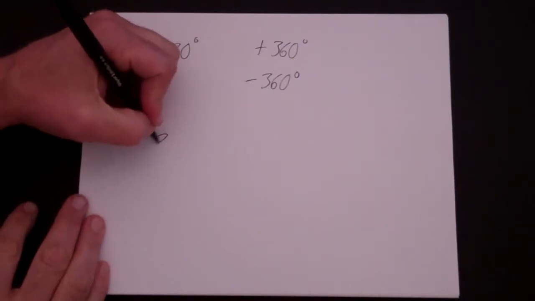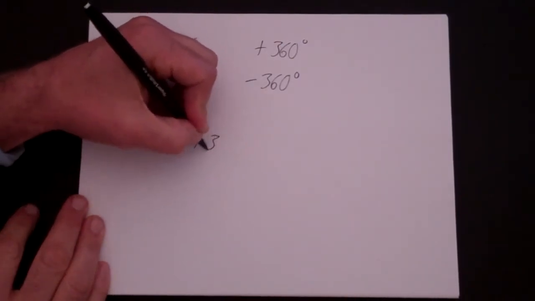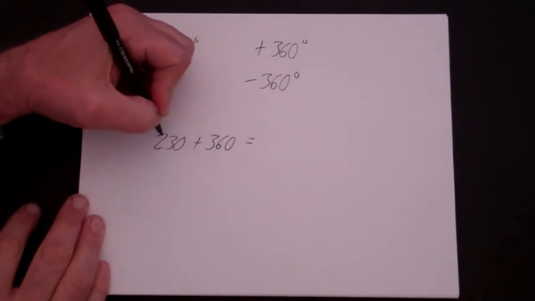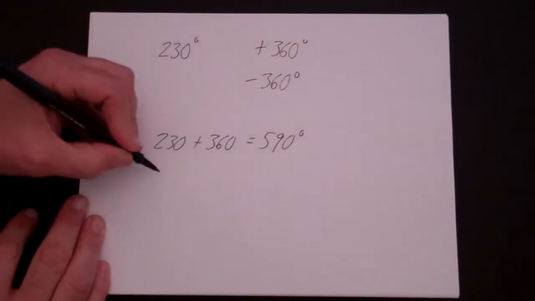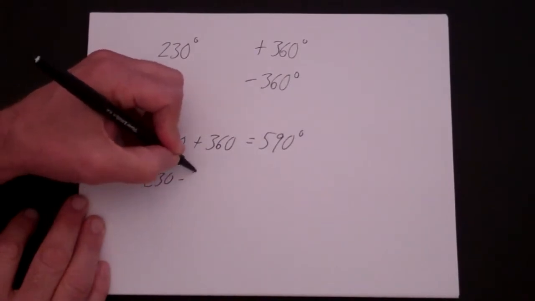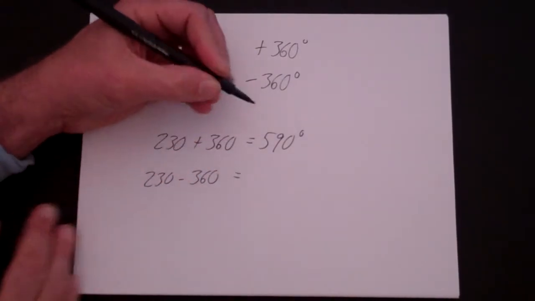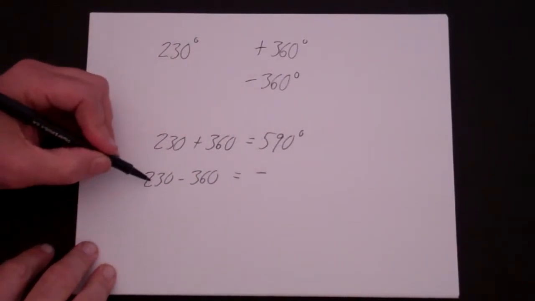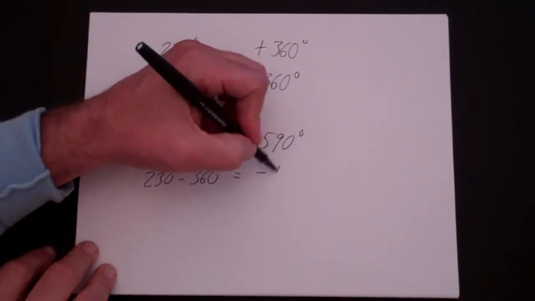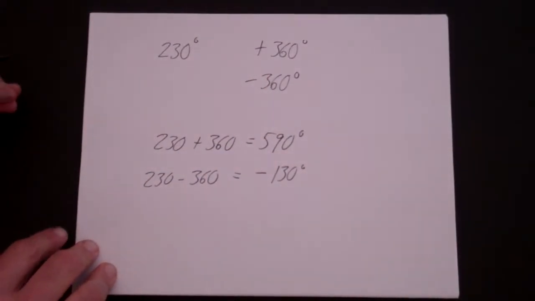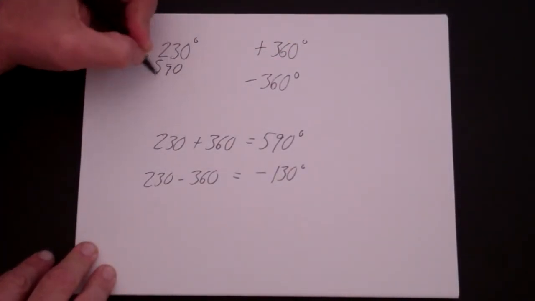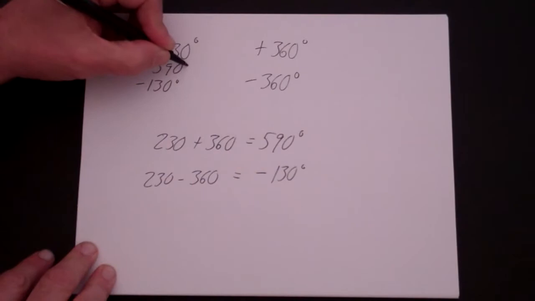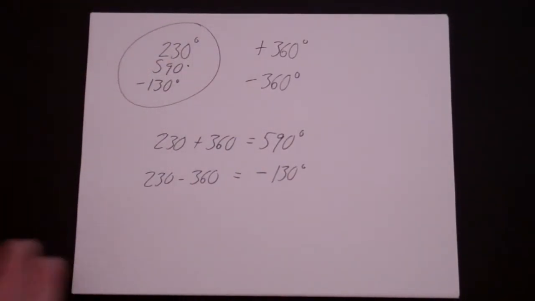So 230 plus 360 is equal to 590. And 230 minus 360, let's be careful here, is minus 130. There's two coterminal angles. So 230, 590, and minus 130 are all coterminal angles.